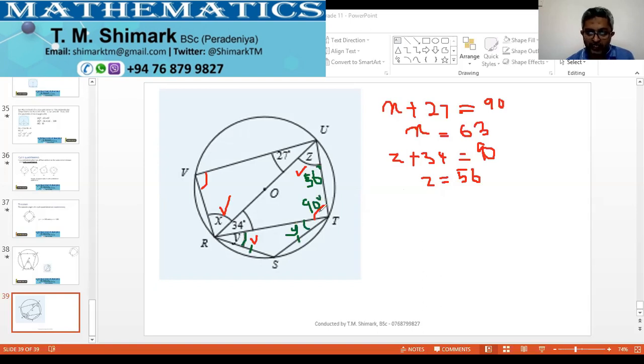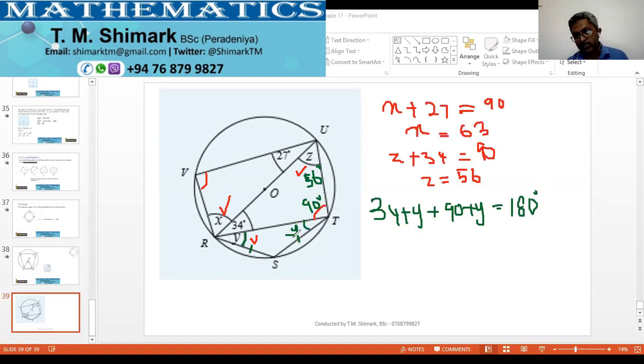So 34 plus y plus 90 plus y equals to 180, that's the opposite angles of a cyclic quadrilateral. So here you can see 2y is there, 56. So y is going to be 28. And we will go to the next question.